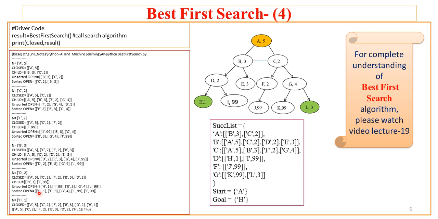At the front of the open now there is H, and you know well that when your current node N, which is H, matches the goal, and our goal is also H, the algorithm terminates by updating the status of the state variable success. So the nodes visited so far are A, C, F, B, D and H. It has got the goal. This way the algorithm works. Hope this execution is understood by you.